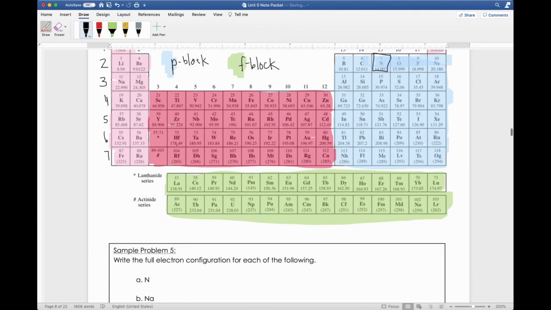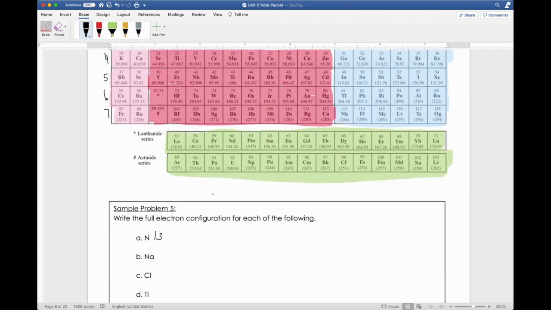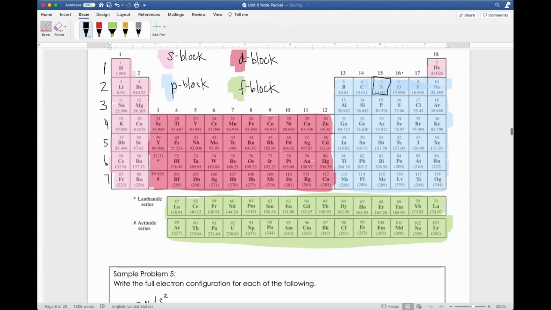We're in the 1s sublevel because we're in the first row, s block. And I have to pass through 2 elements to get to nitrogen. Now, of course, I'm still not at nitrogen, so I have to continue writing this. 1s2. That brings me to lithium.